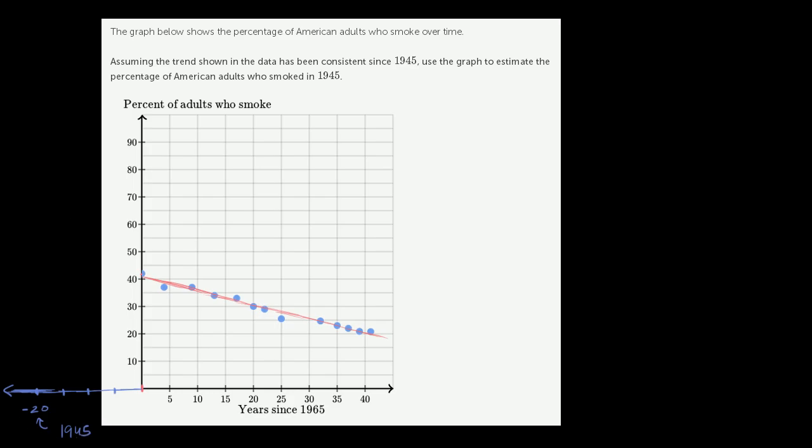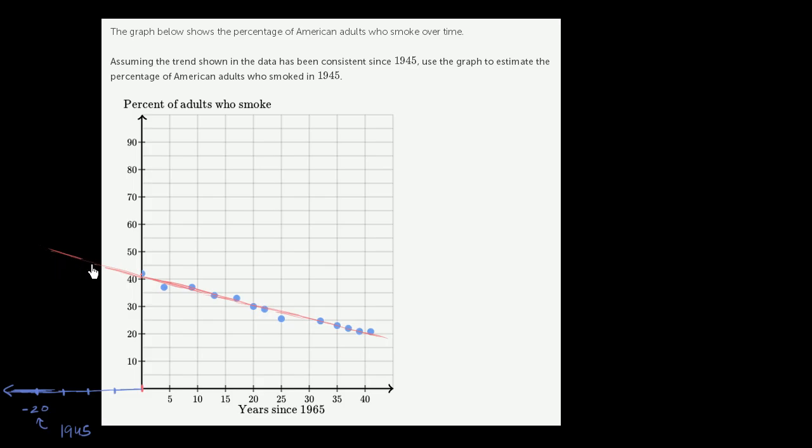And one thing that we could do is very roughly just try to extend this negative linear relationship backwards. And they allow us to do that by saying, assuming the trend shown in the data has been consistent. So the trend has been consistent. This line represents the trend. So let's just keep going backwards at the same rate. So something like that.